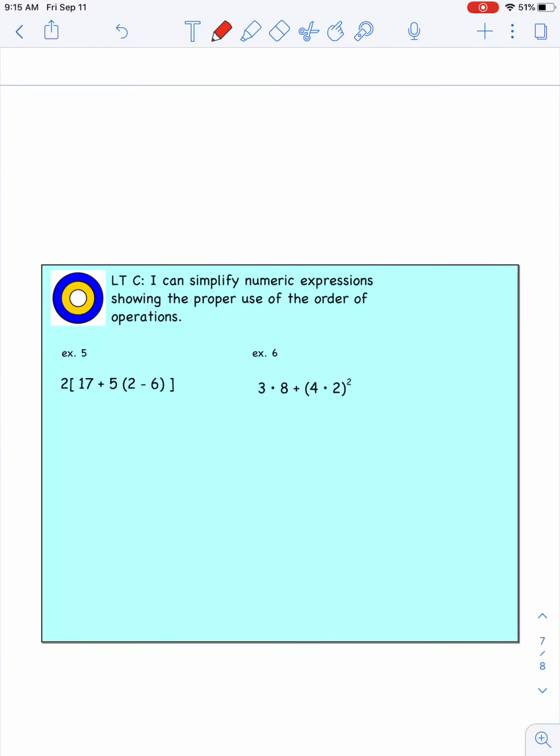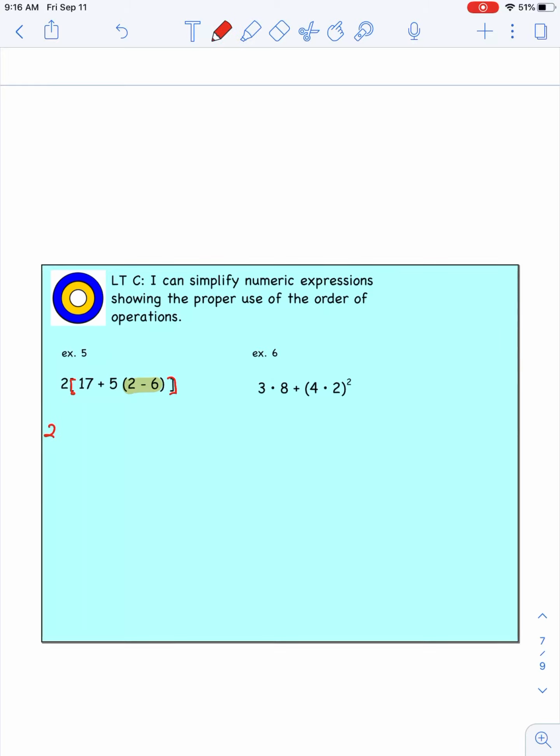Okay, let's work through one of these together, and then you can try the other one on your own. Okay, so now you have multiple grouping symbols. You have this set of parentheses right here, that's a bracket, but you also have this set of parentheses as well, so you have to work from the inside out. And within that bracket, you have to follow the order of operations.